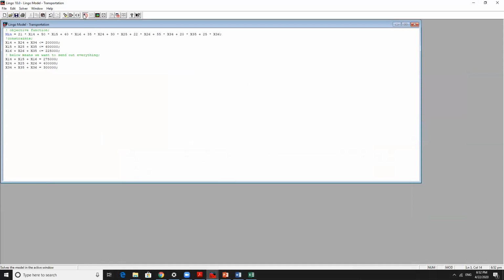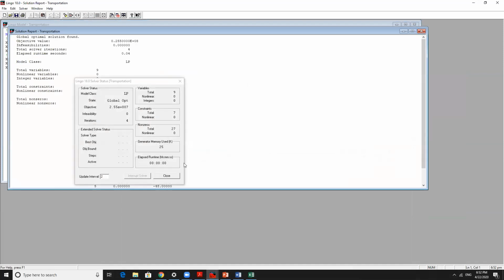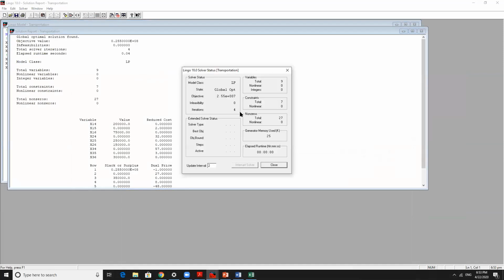Then I hit solve, and this is the answer. You might see such a number as 2.55 times E raised to the power of 007. Basically, it means 2.55 times 10 raised to the power of 7.